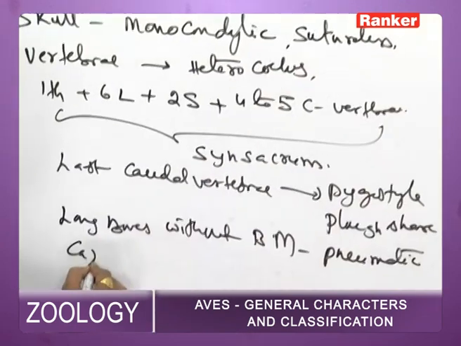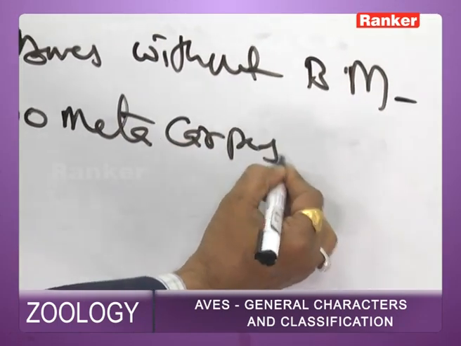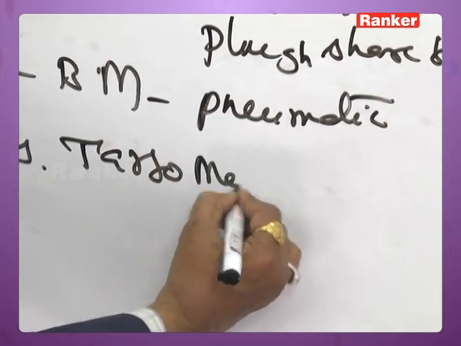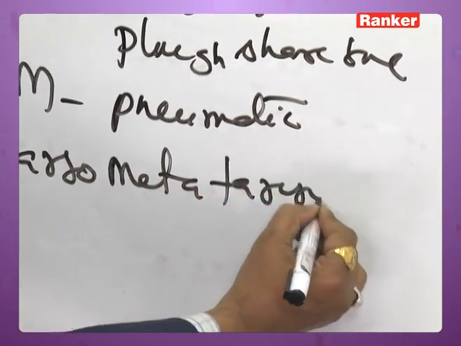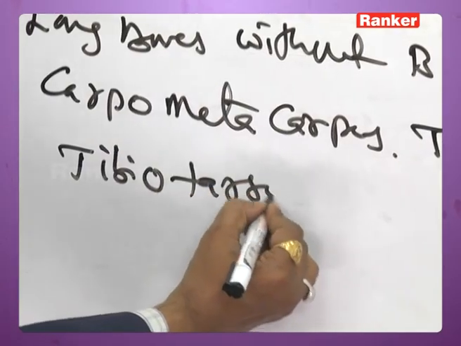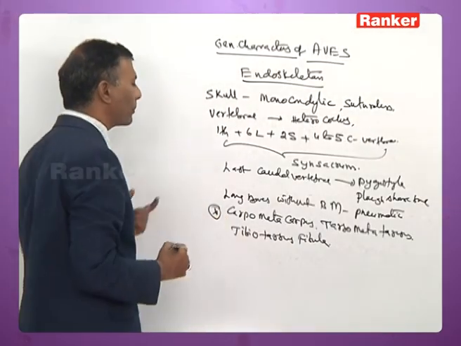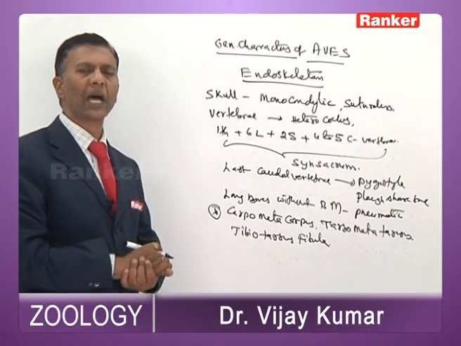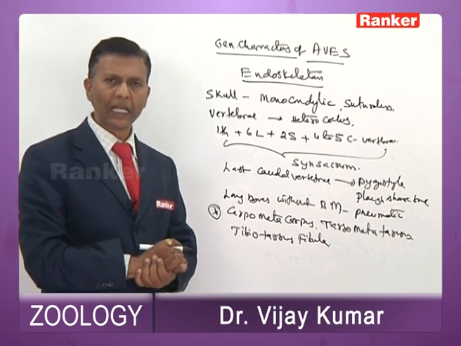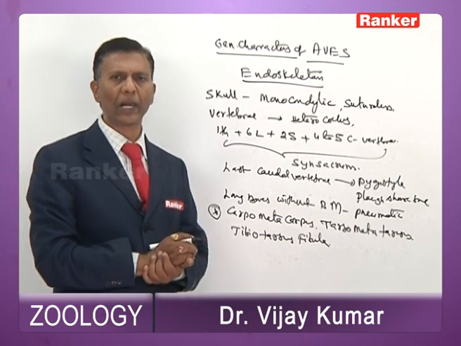Then, carpometacarpus, tarsometatarsus and tibiotarsus fibula are important modifications in the limb bones to suit the volant habitat.